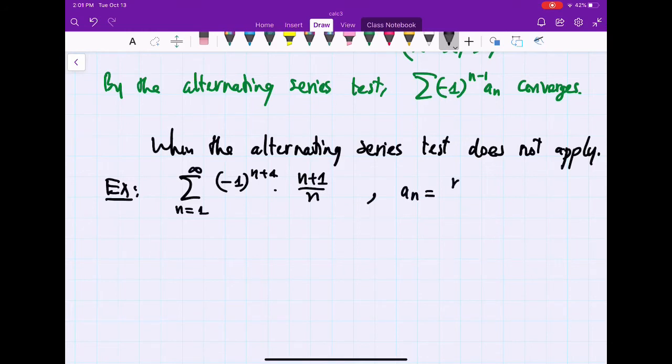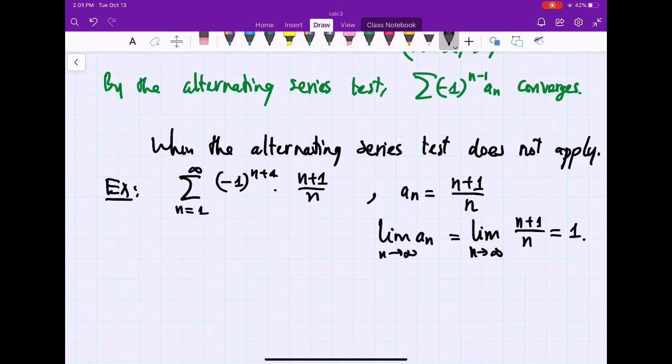In this case, a_n is (n+1) over n. So you see, a_n does not have limit equal to 0. The limit of this guy is 1. So you cannot apply the alternating series test.